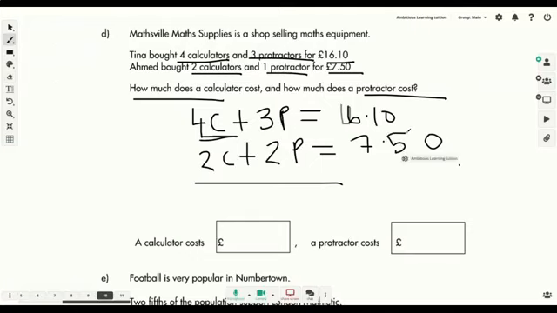So from this, I can find out that 4 calculators and 2 protractors cost £15.